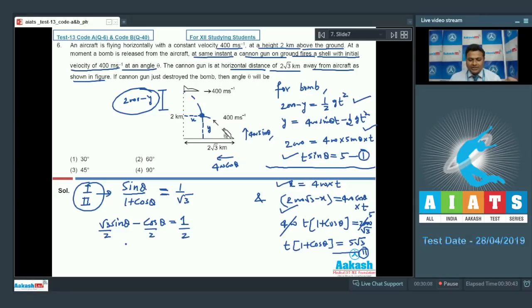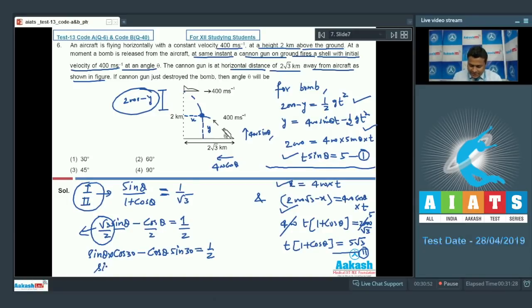Now this can be rearranged in form of some trigonometrical identity, that is sin theta cos 30 minus cos theta sin 30. So root 3 by 2 is cos 30 and 1 by 2 is sin 30. Let us rearrange it: sin theta cos 30 minus cos theta sin 30 equals 1 by 2. Sin theta cos 30 minus cos theta sin 30 means sin A cos B minus cos A sin B. This is the formula for sin A minus B, where A is theta, B is 30 degree.